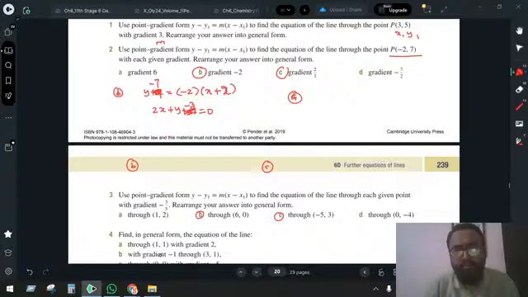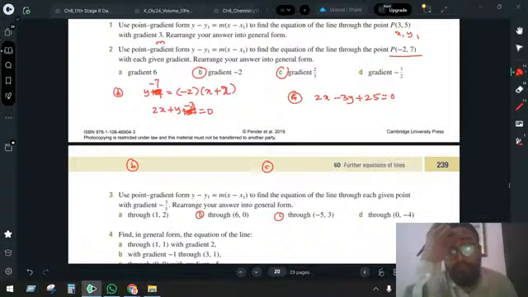Next. 2x minus 3y plus 25 is equal to 0. Okay, done. That's it.